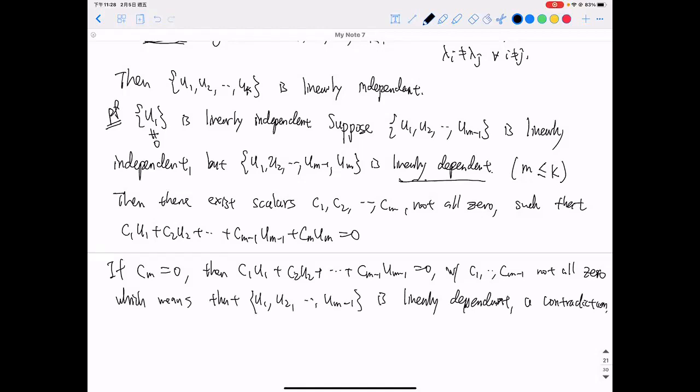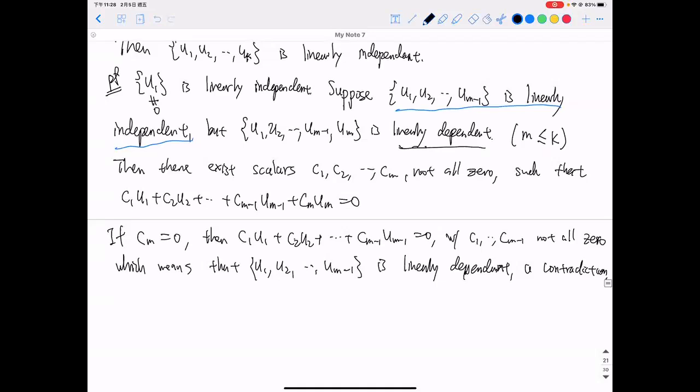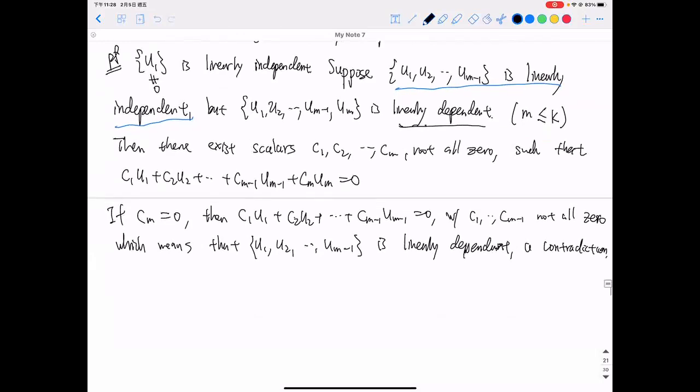We're assuming that U1 through U(m-1) is linearly independent. If Cm is 0, then we would get that they are linearly dependent. That's not what we assume. So Cm is not 0.